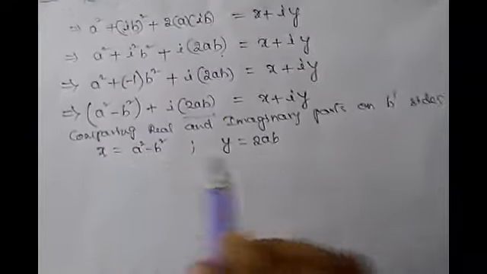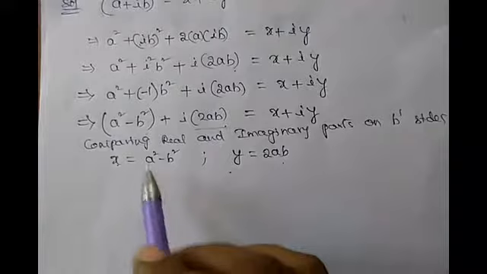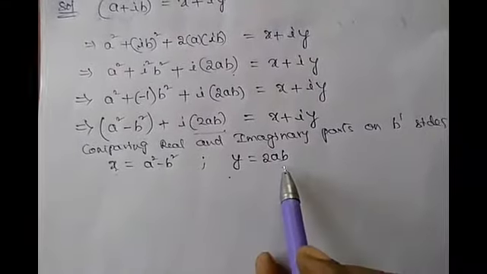X is equal to a square minus b square. Y is equal to 2ab. Now you got the x value and y value.